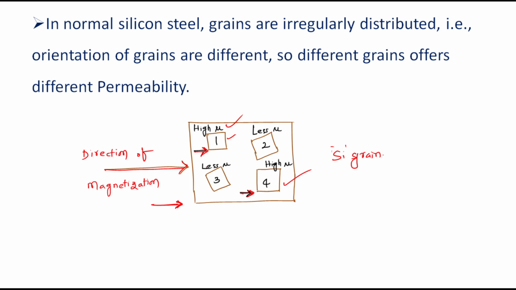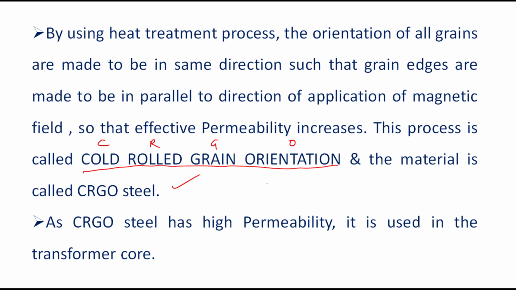So in this, the orientation of grains is different. 1, 2, 3, 4 are constant. The orientation of 1 and 4 is the same. The orientation of 2 and 3 is the same. To get more flux, obviously we have to provide some heating arrangement. After providing the heating arrangement, due to this magnetization, these grains should be aligned in the same manner.